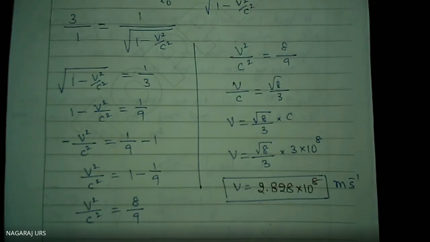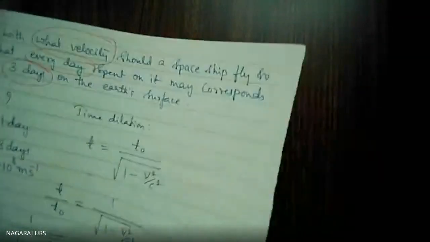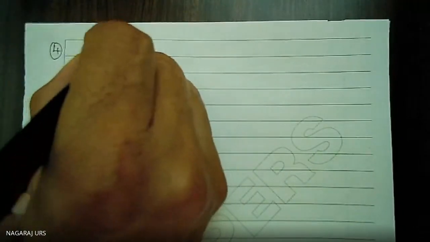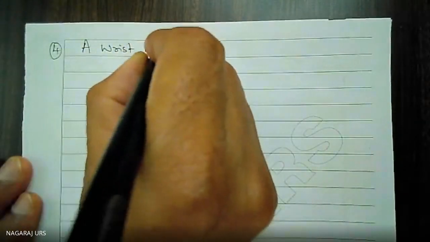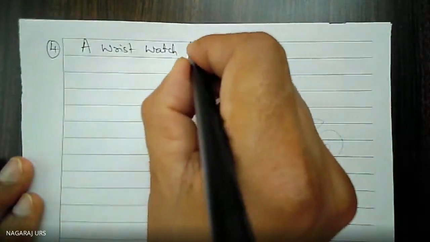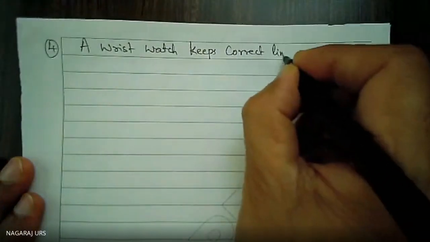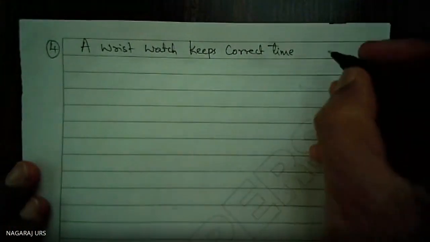Write the next problem then. Write the next question. Problem number 4. A wristwatch keeps correct time on the earth.